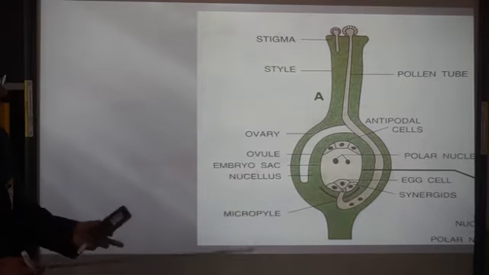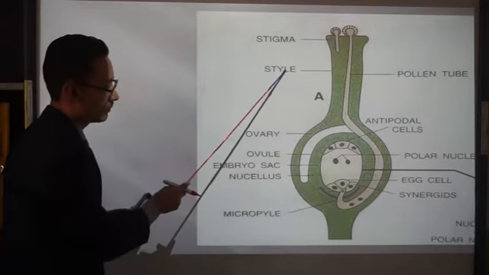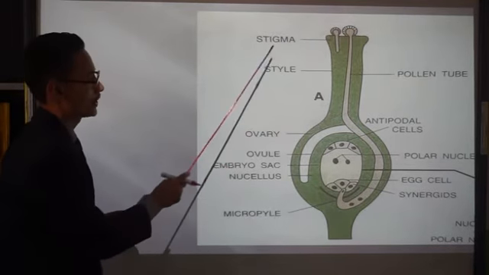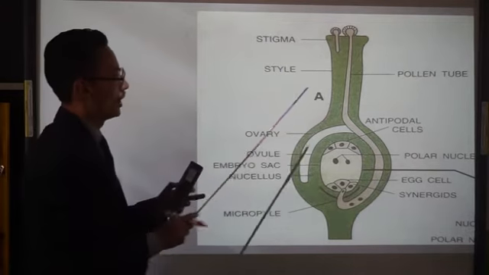Here you can see the stigma, style, and ovary, the parts of the gynoecium.